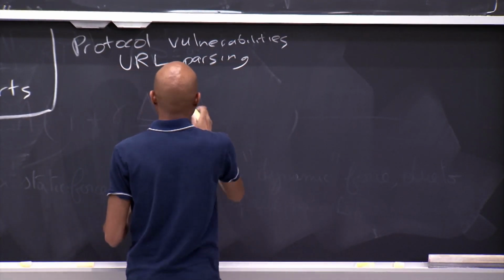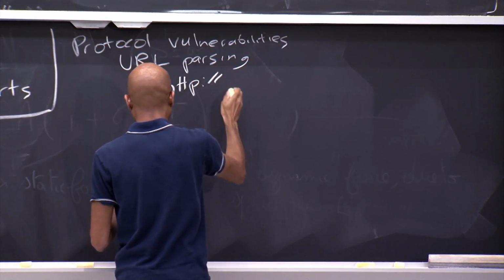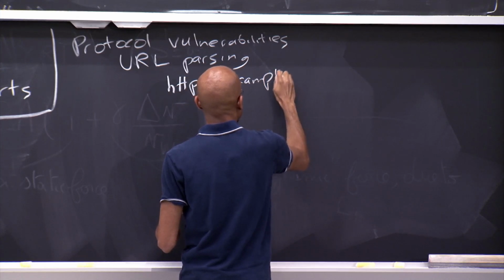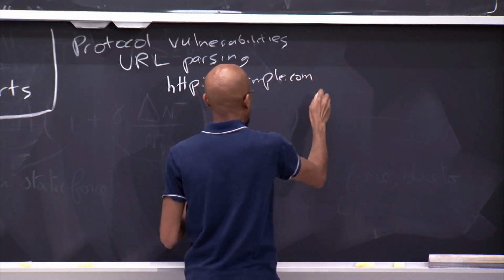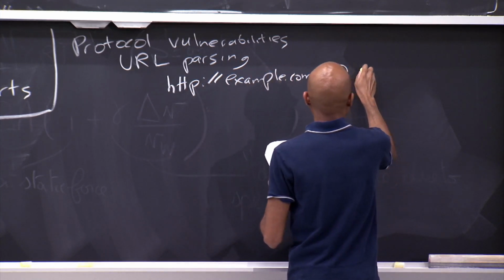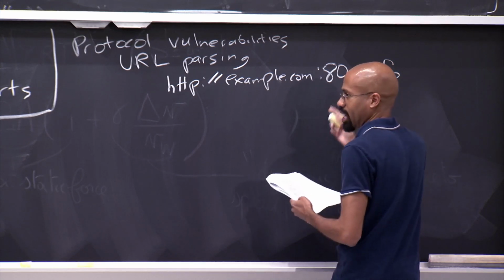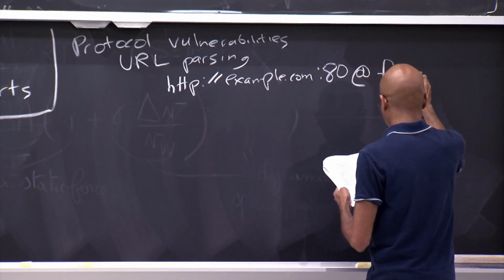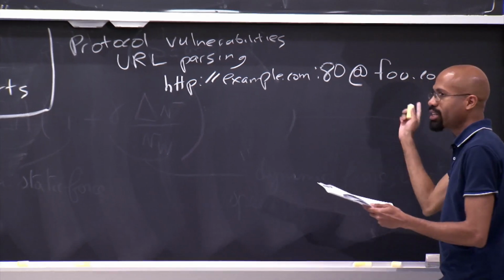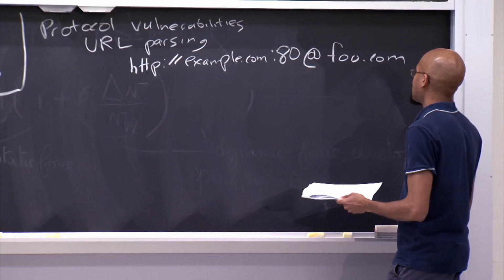Suppose that you have a URL that looks like this. HTTP comes from example.com, and then it's got an explicit port specified of 80, and then for some unknown reason it embeds this @ character here. So the question is, what is the origin of this particular URL?